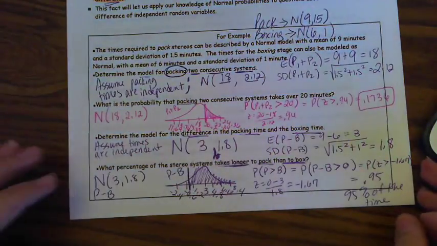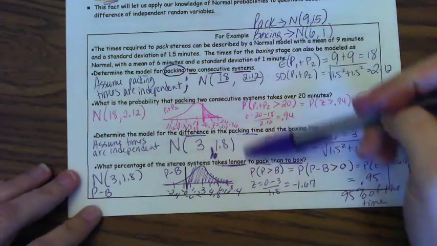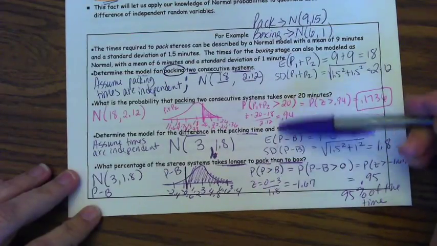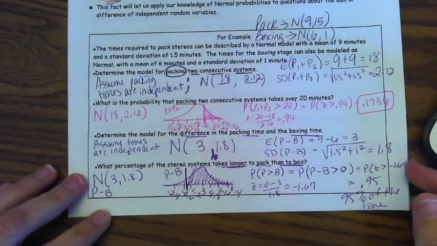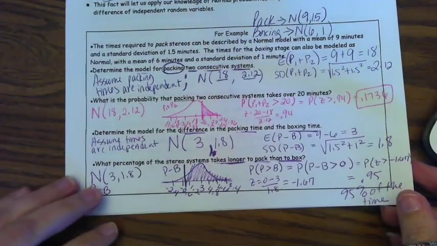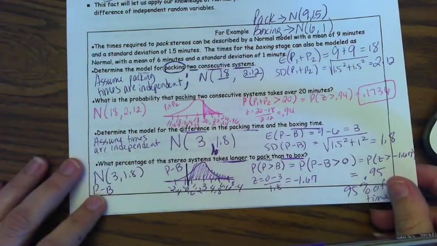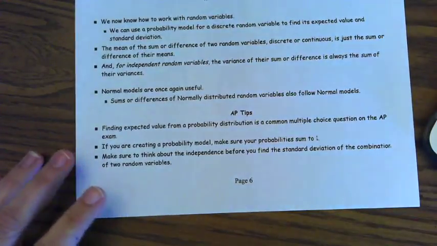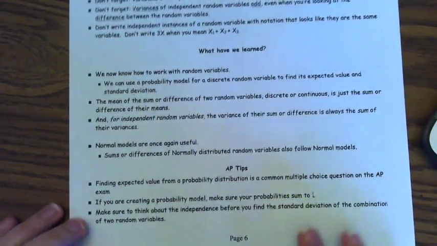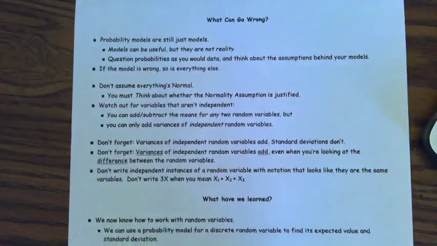This chapter has a lot of information on it. These problems are really important. I guarantee you they'll be on the AP exam, as well as your discrete ones. Probably more of these than a discrete, but finding the expected value of a discrete random variable is a typical multiple choice question on the AP exam.